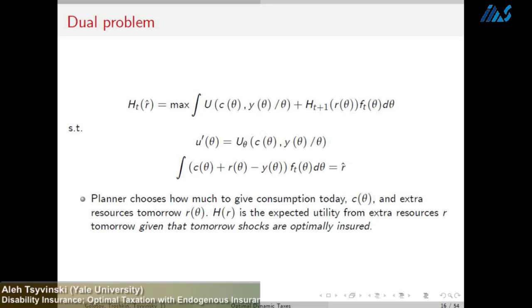Okay? So now let's look at this dual problem. Again, I'm going to look at this in the recursive format. Suppose you come in with the amount of resources R hat. This is going to be your utility h_t. It's going to be the maximum over consumption and effective labor, the utility of this, plus the optimal utility from now on, given the amount of resources I move to the future.